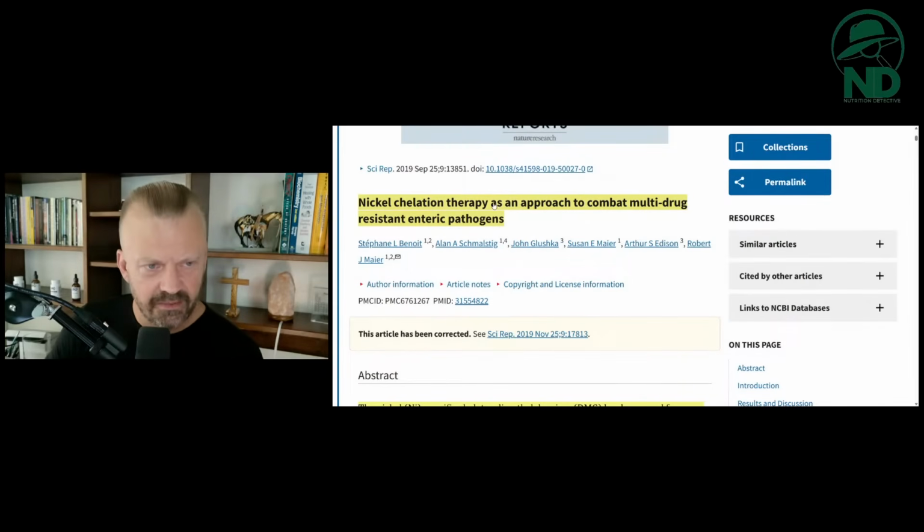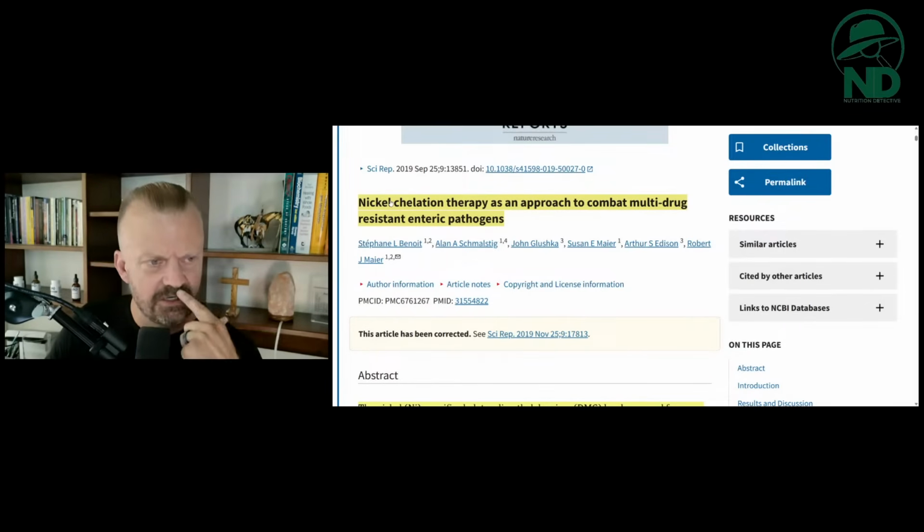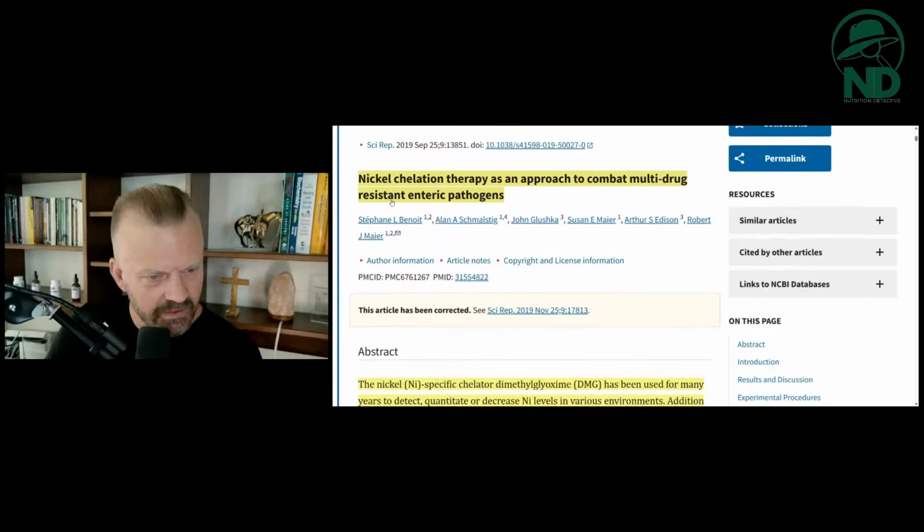Nickel chelation therapy as an approach to combat multi-drug resistant enteric gut pathogens. Wow. Multi-drug resistant, and then nickel chelation comes in and saves the day. Well, why don't we start with nickel chelation instead of multi-drugs that ruin your gut?